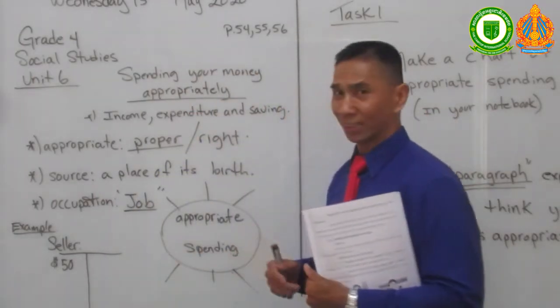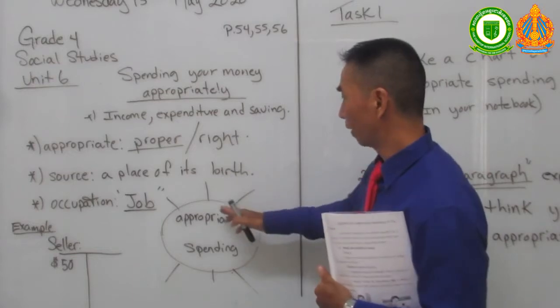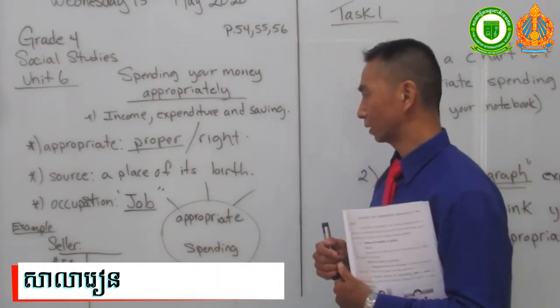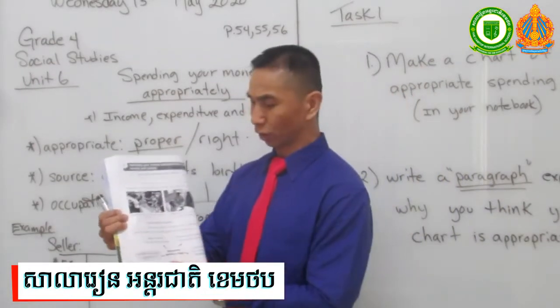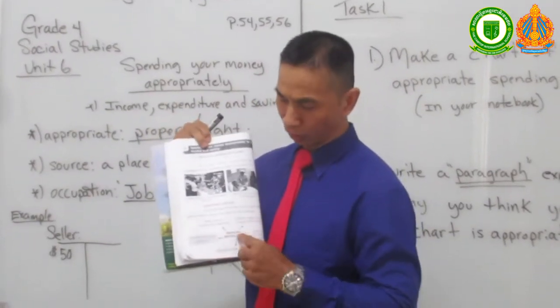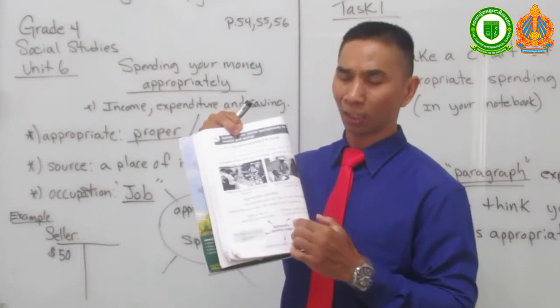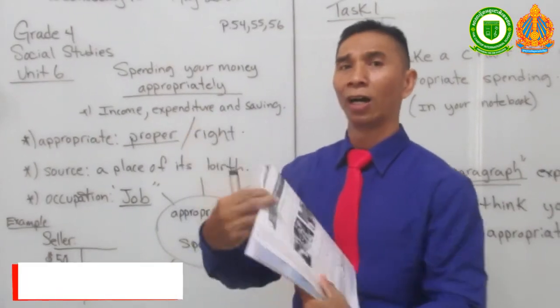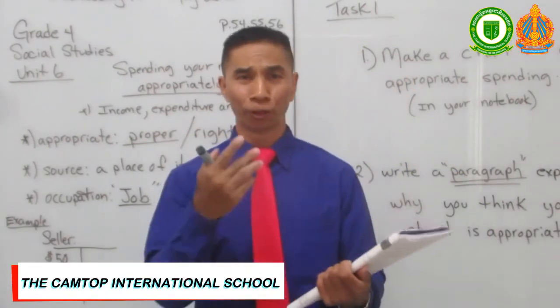Okay, in this task I will give you some examples of making a list of appropriate spendings. And you see on your chart, in your book, at the bottom of page 54, there is a chart of this person, the author, and appropriate spendings. We're going to read it together, or I'm going to read it for you right now.